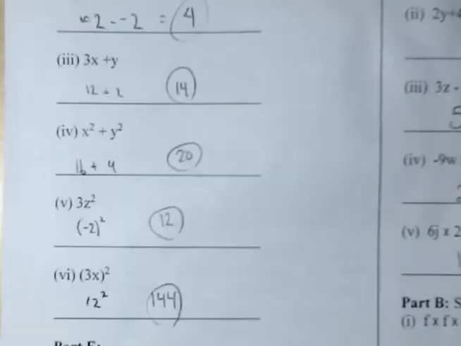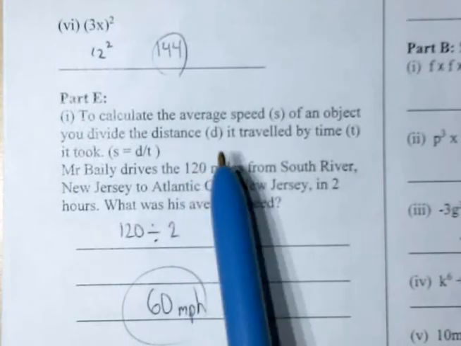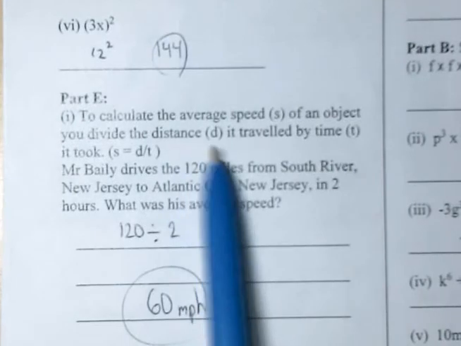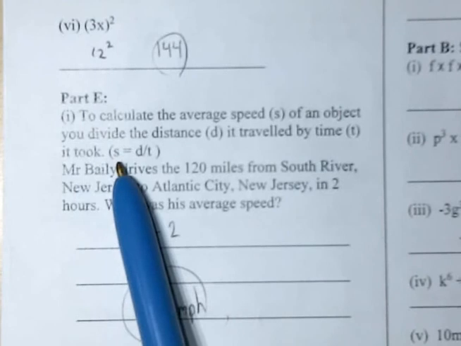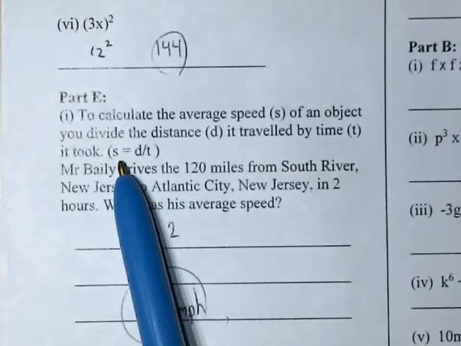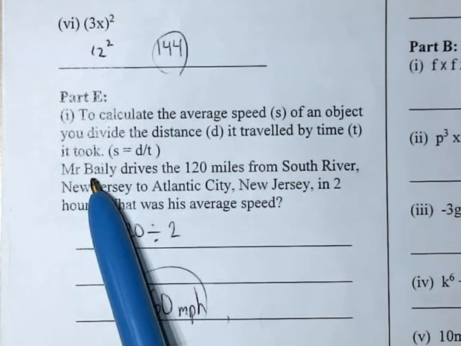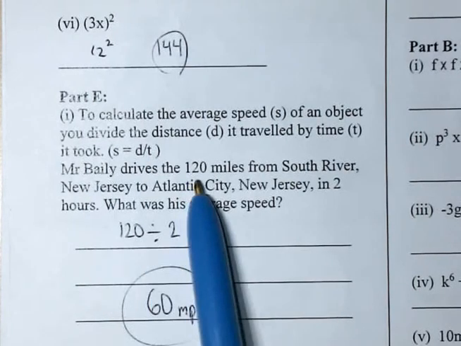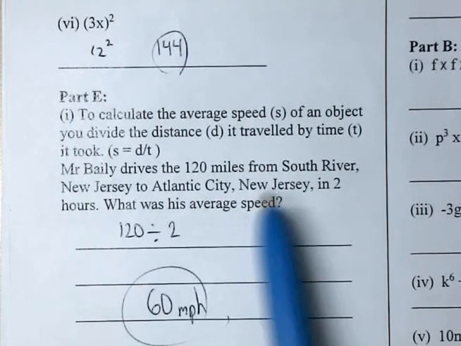Part E. To calculate the average speed of an object, you divide the distance d it traveled by time t. And that's speed s equals d divided by t. Mr. Bailey, hey, that's me, drives the 120 miles from South River, New Jersey to Atlantic City, New Jersey in 2 hours.